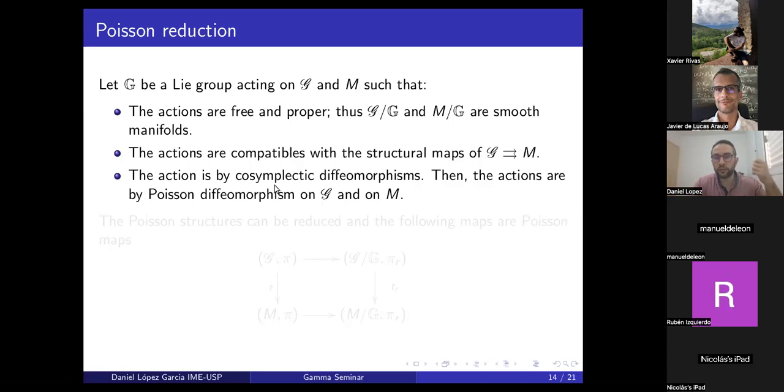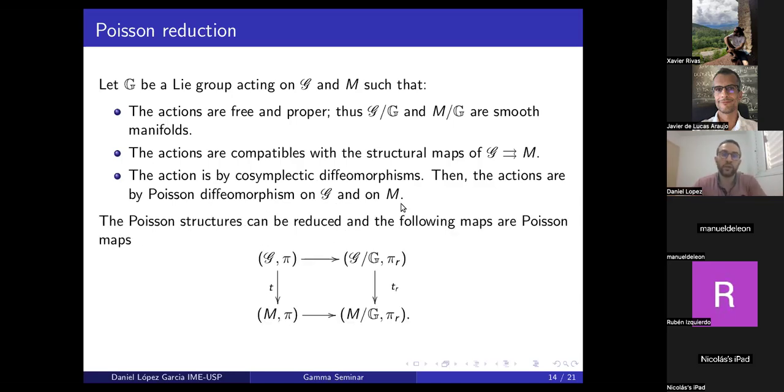And this action by cosymplectic diffeomorphisms on G will be an action by Poisson diffeomorphisms on G and in this Poisson structure on M. So at the end, with this consideration, I can consider a Poisson structure on G and a Poisson reduction on M, such that you have this commutative square.